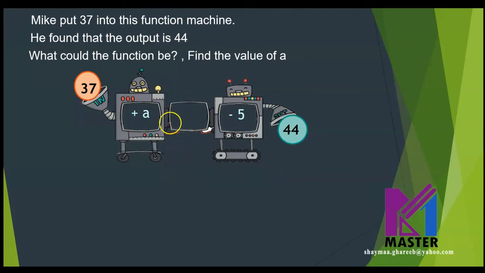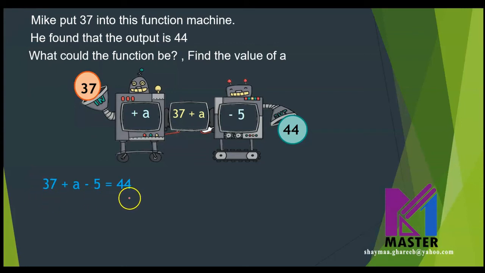So what should be written here? 37 plus A. So it's a 37 plus A. Then I will subtract 5 equals 44. So 37 plus A minus 5 equals 44. That is what will happen inside this function machine.